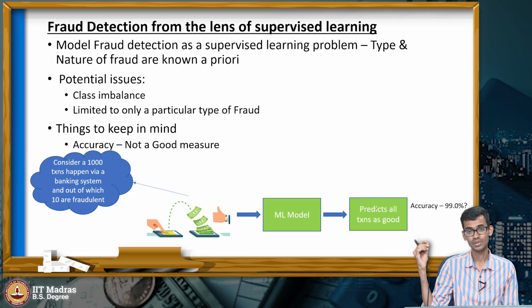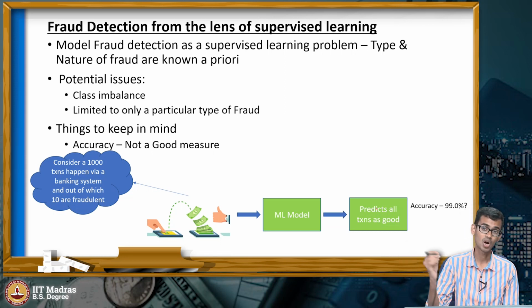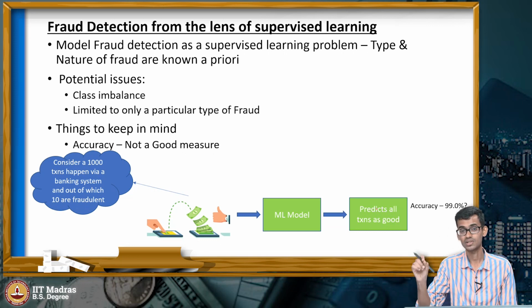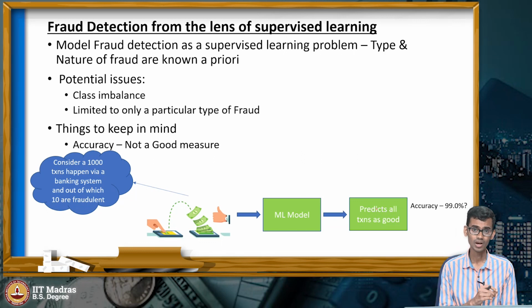Sometimes the customers themselves call the financial institution and say that these transactions were performed in my account, but I didn't authorize them, it is a fraudulent transaction. Like this, you'll have some kind of information to tag every transaction as fraudulent or not. That serves as a label for you.